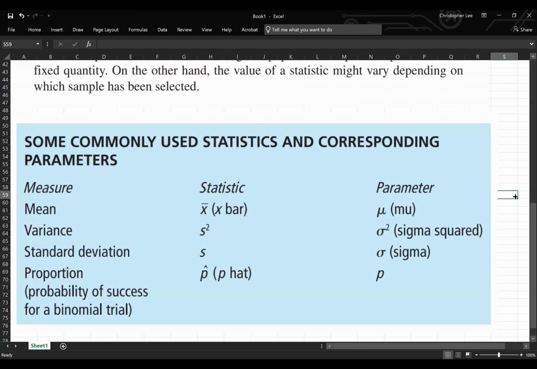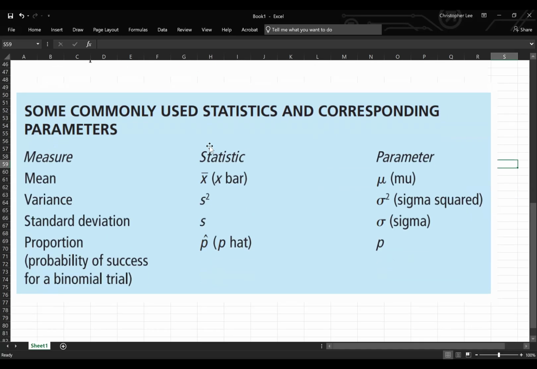Some commonly used statistics and corresponding parameters would be, for example, when we have our mean, right? We have two means. We have X bar, which is our sample mean, and we have mu, which is our population mean, right? So populations are parameters, right? Samples are statistics. For variance, right? We have S squared, right, for our sample variance, and sigma squared, right, for our population variance, right?